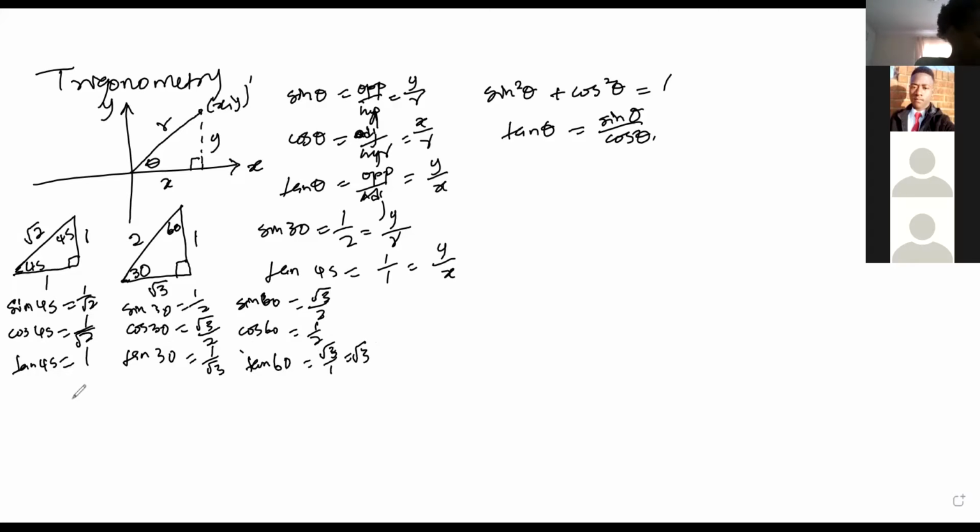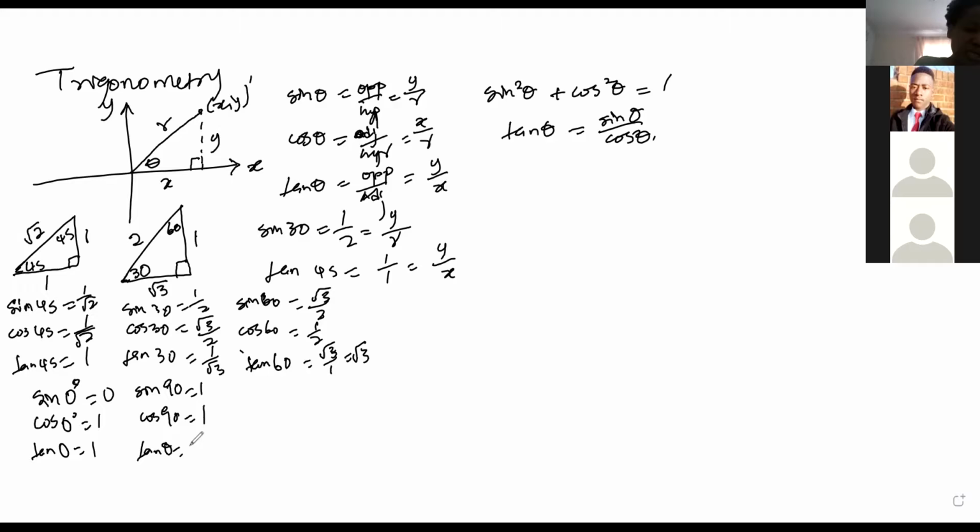Okay, so that's that. Then we've got sine 0 is 0. Cos 0 is 1. Tan 0 is 0. Sine 90 is 1. Cos 90 is 0.